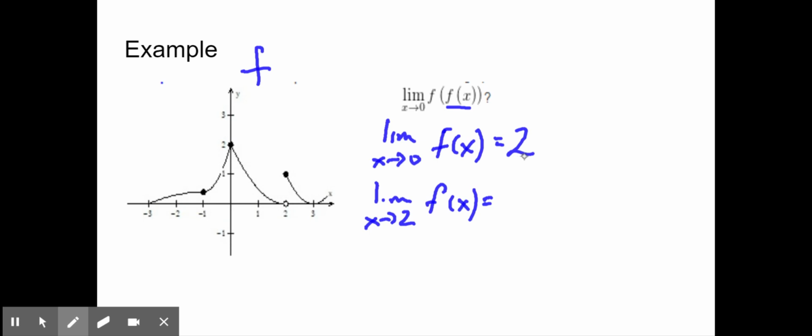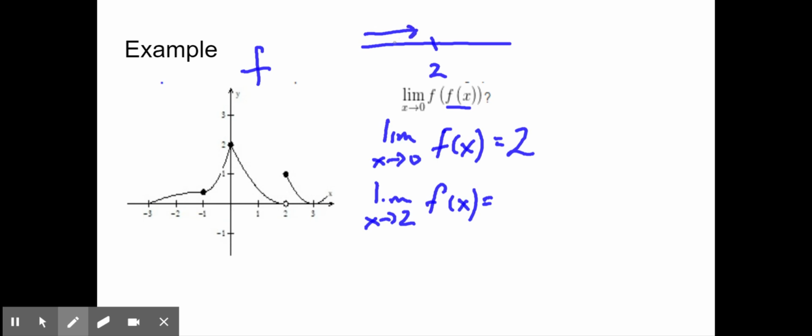But if you look at the way we approached the y value of 2, take a look from both the left and from the right. We approach 2 from underneath it, right? So what do I mean from underneath it? If I'm on the number line here, from underneath 2 means I'm getting closer to 2 from the left-hand side of it, right?